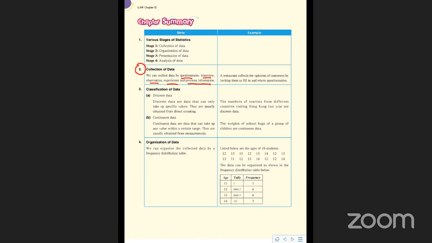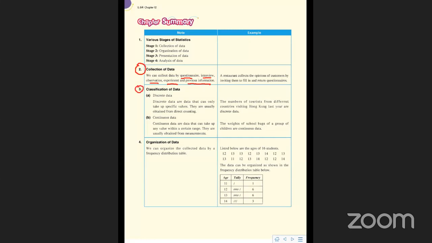Sometimes you may need to do an experiment in the laboratory or get some previous information. Okay, these are the 5 methods for collecting data. These are the 5 words that you must know.